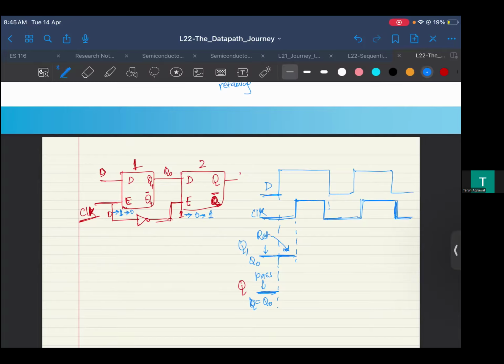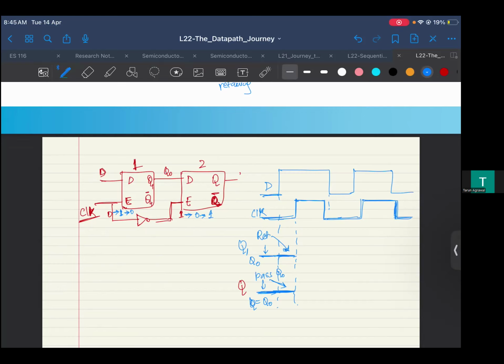Though there is a change in D, it's not able to pass that change because your first latch has not seen the D yet. So the second latch is just going to pass whatever it was passing from the previous Q0, the previous output of the first latch.